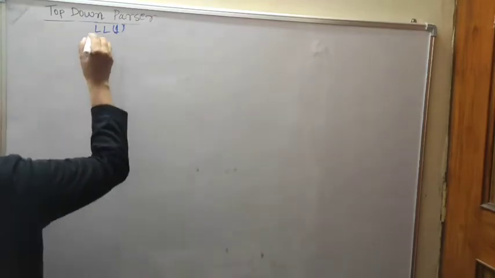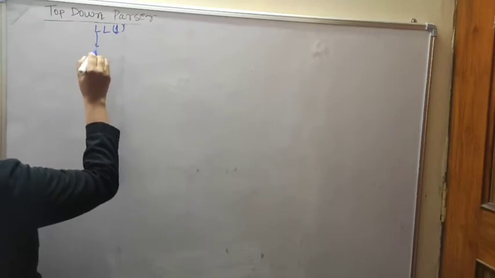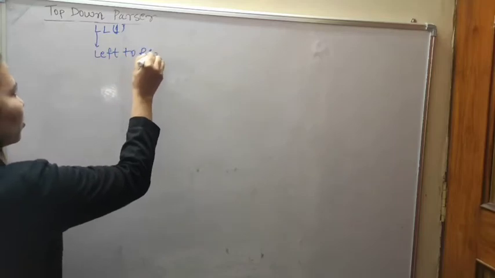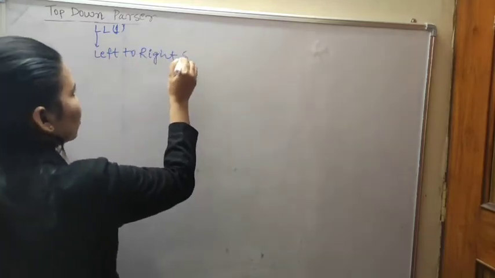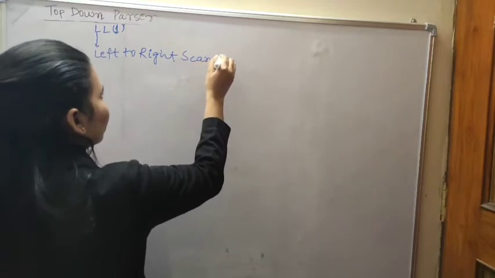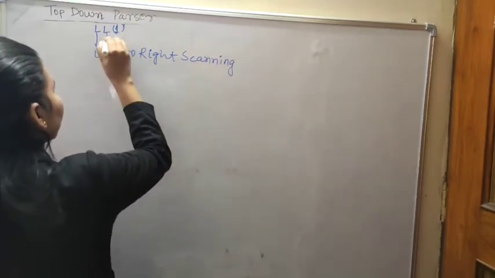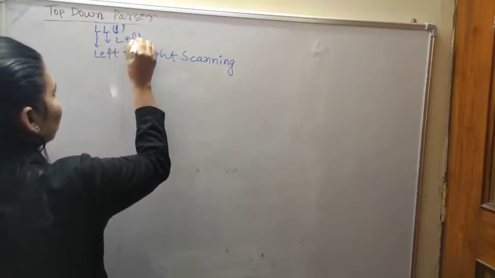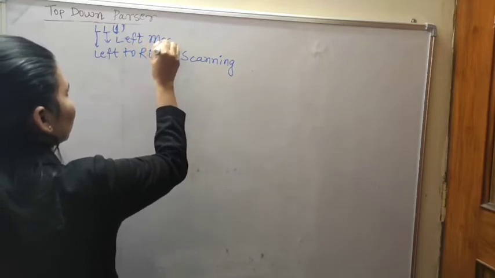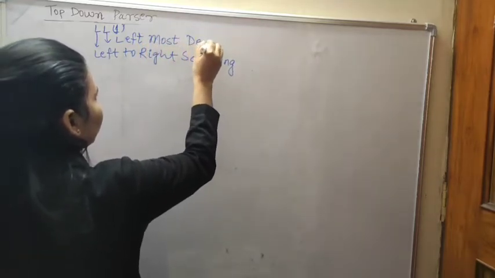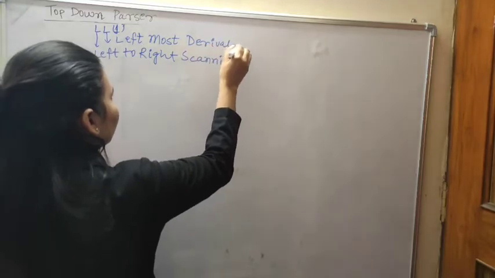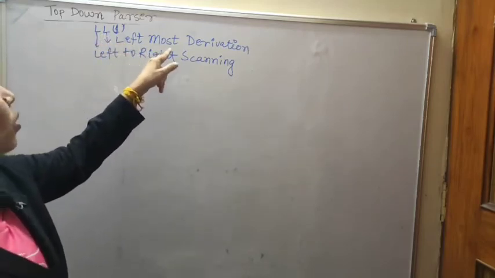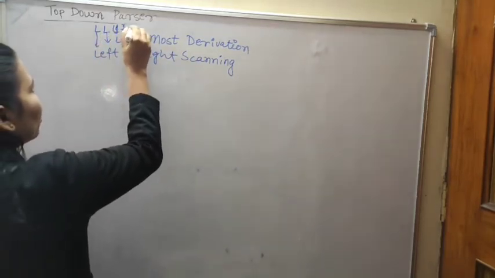In LL1, the first L is for left to right scanning, and the second L is for leftmost derivation, and the 1 is for look ahead.